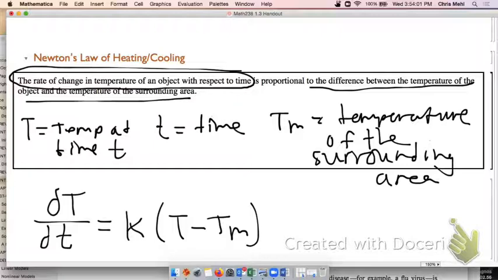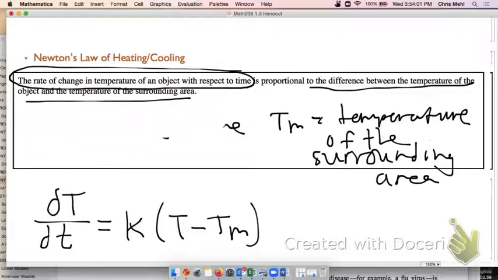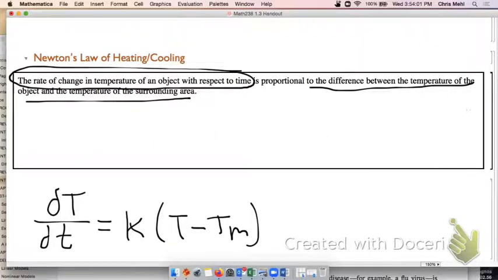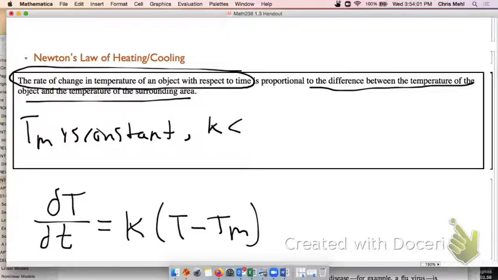Now, if the temperature of the surrounding area, Tm, is constant, for instance, it turns out that k will always be less than 0. You can think about it this way.